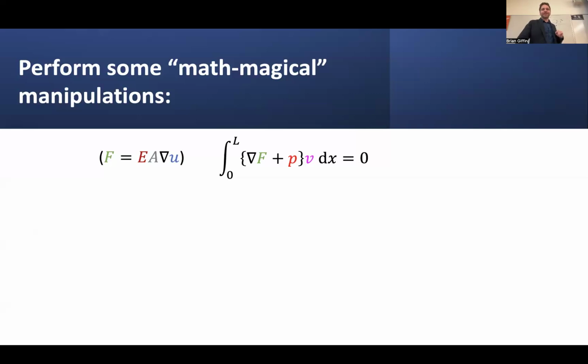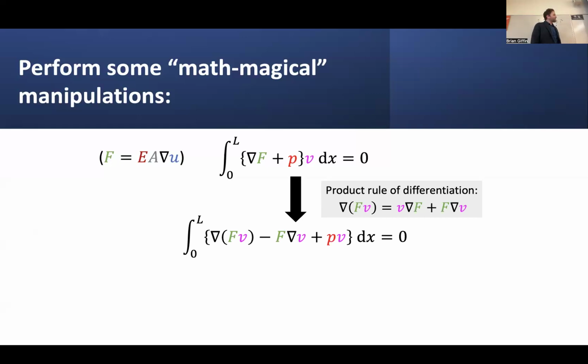So I can just plug in that particular value of F. Now, I can use the product rule of differentiation to recognize that the partial derivative with respect to X of the product of two functions, F and V, is really nothing more than V times the derivative of F plus F times the derivative of V. This basically means that the term involving the derivative of F times V can be replaced by the derivative of F times V minus F times the derivative of V.